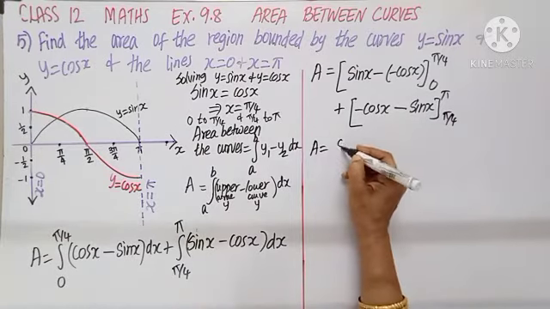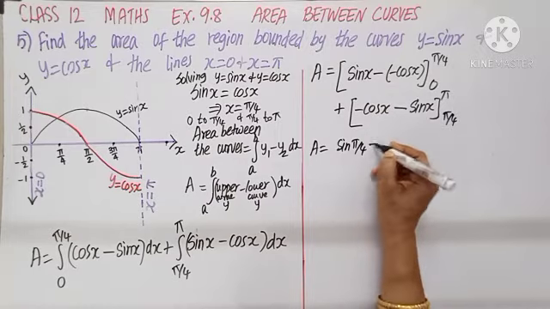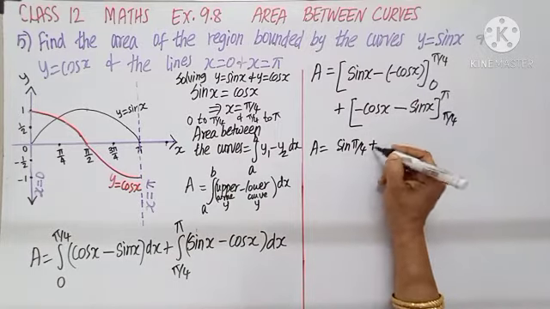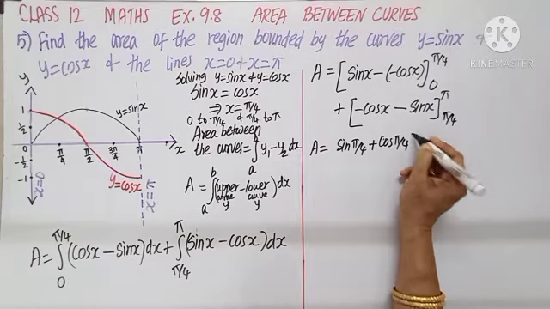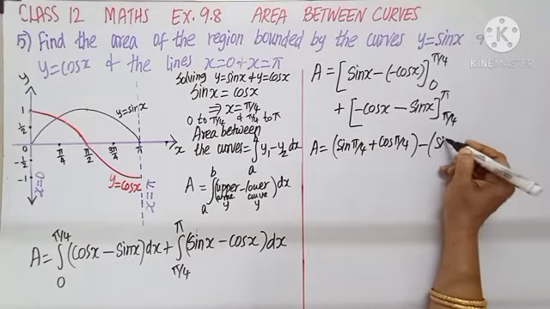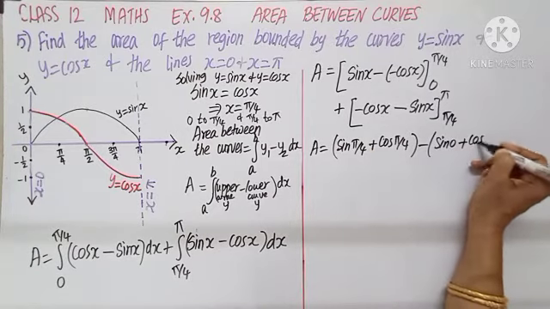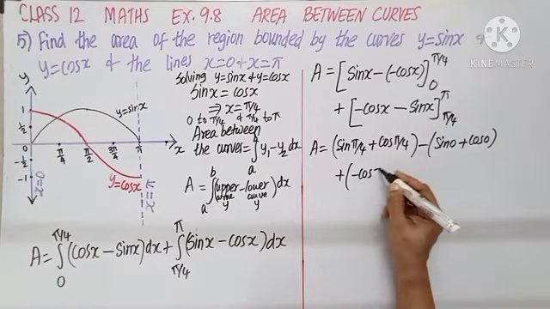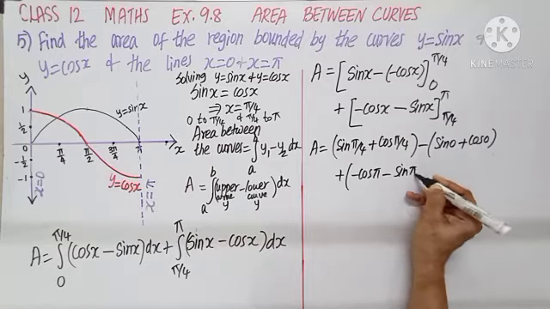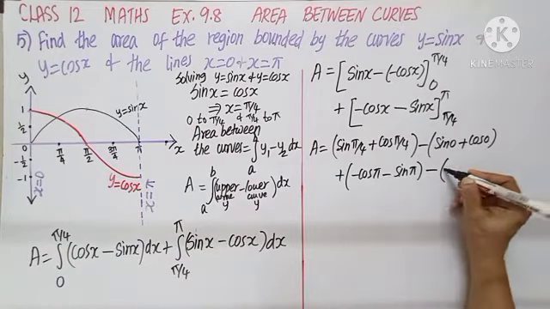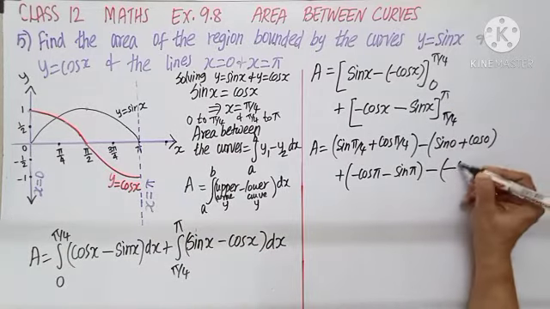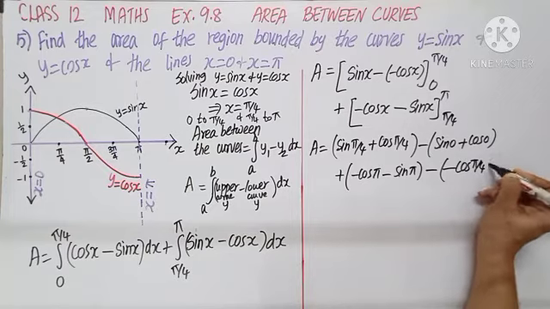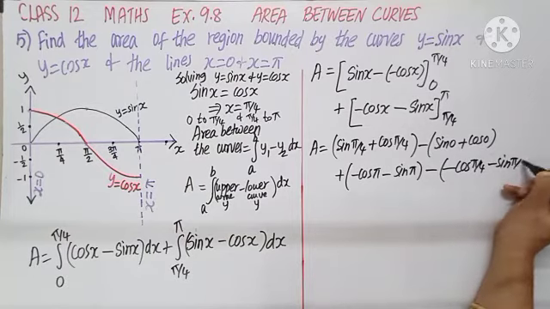As we simplify, it is sin pi by 4 plus cos pi by 4 minus sin 0 plus cos 0, plus minus cos pi minus sin pi, applying the lower limit wherever x comes, minus cos pi by 4 minus sin pi by 4.